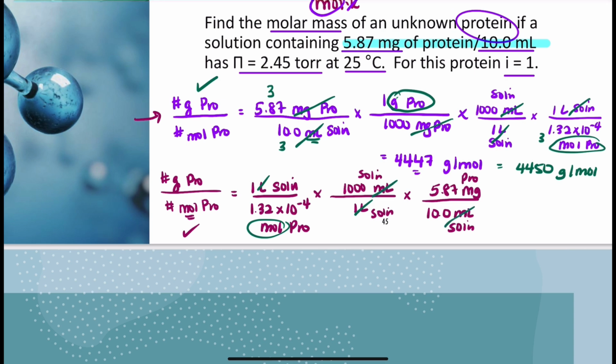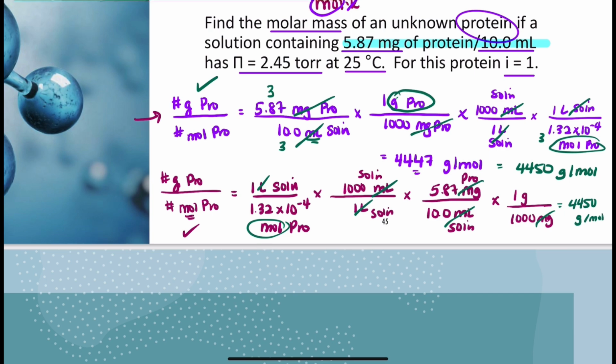That cancels my mils of solution. Now I'm really close. I'm in milligrams, but I want grams. So now I can just say, well, I know that 1 gram is 1,000 milligrams. And I will get the same answer, the 4450 grams per mole.